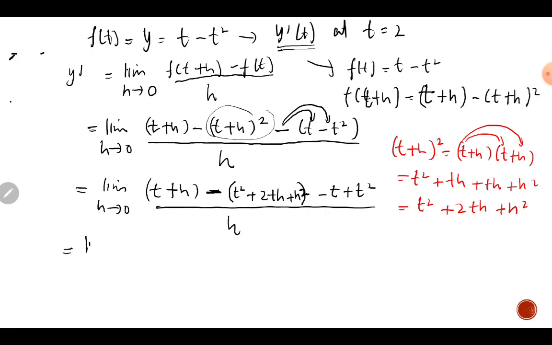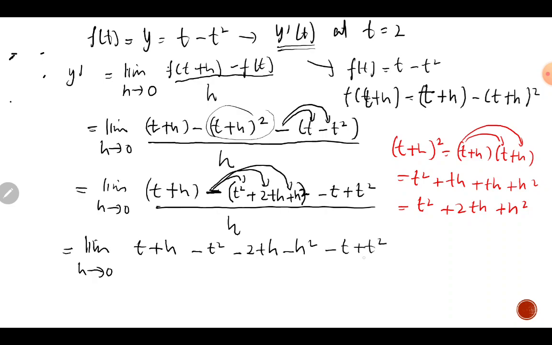So here we have limit h approaching 0. T tambah h, yang ni careful, darab masuk we have negative t square, darab masuk we have negative 2th, darab masuk we have negative h square, minus t tambah t square, everything over h.